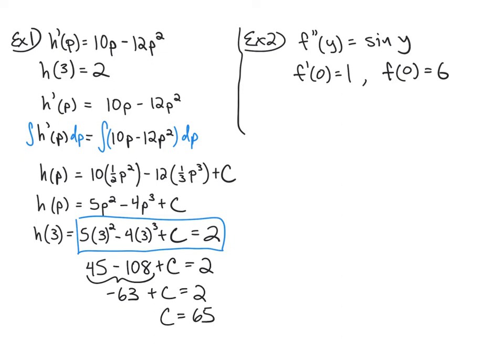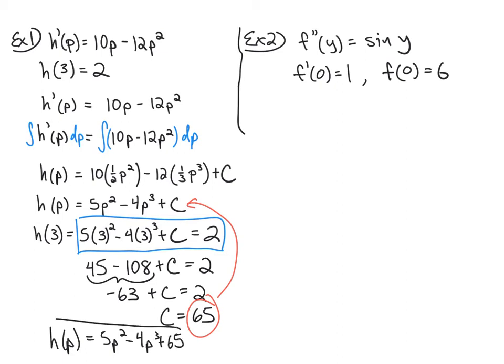Well, once we get our c value, we have to take it and substitute it back into c right there. So our original function now is going to be h of p equals 5p squared minus 4p cubed plus 65. And there is the final answer for example 1.